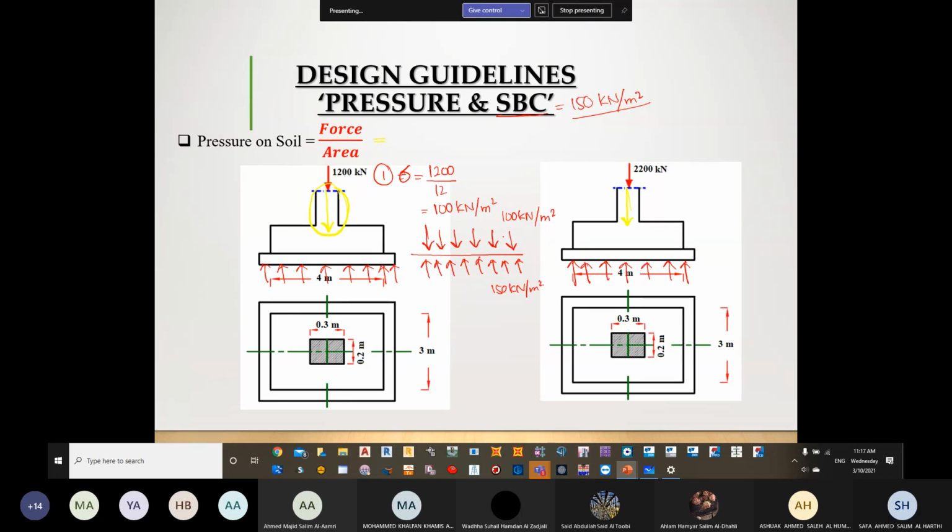Now, do you think that the soil will fail in this scenario? No. Why? Because your loading is lesser than the capacity of the soil. Are we clear about it?